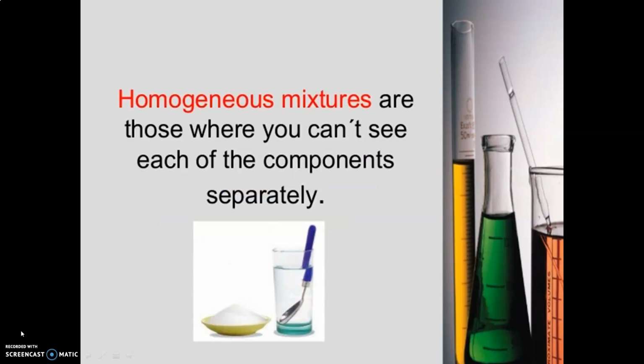So that means homogeneous mixtures are those mixtures that when you mix them together in any volume, you cannot see them clearly, that you cannot make them different by your vision. That means a mixture in which the constituents are uniformly distributed throughout, okay, and it cannot be recognized separately.